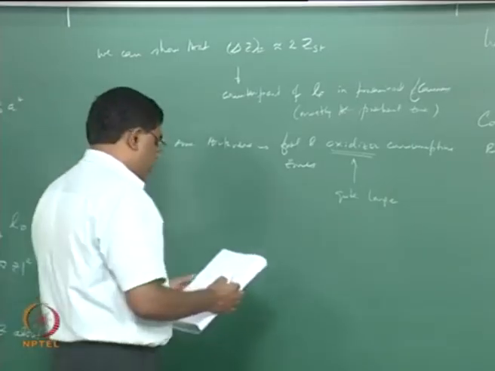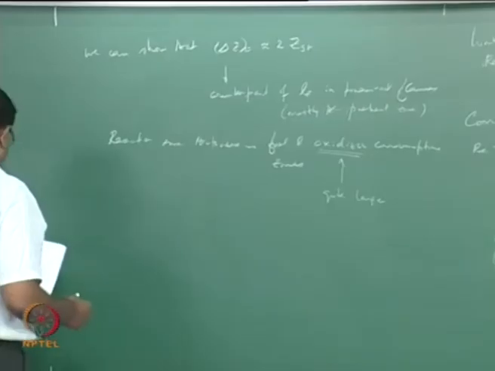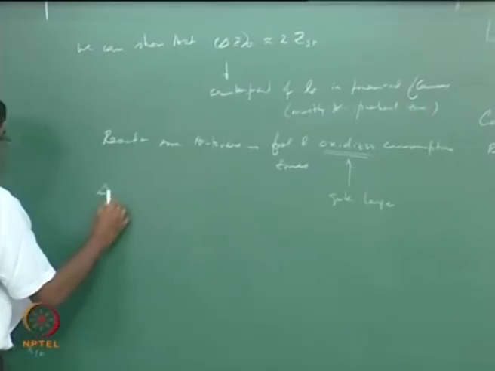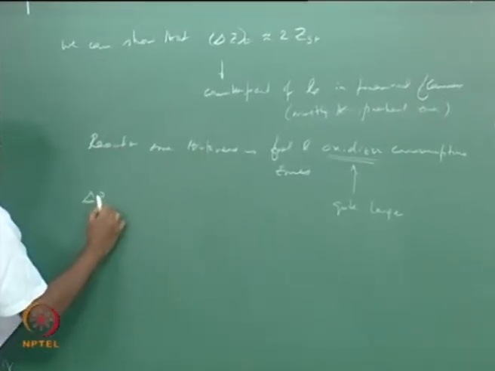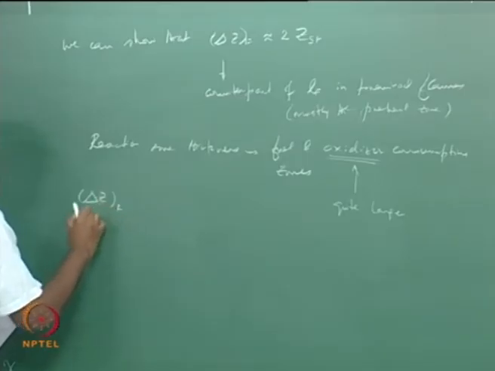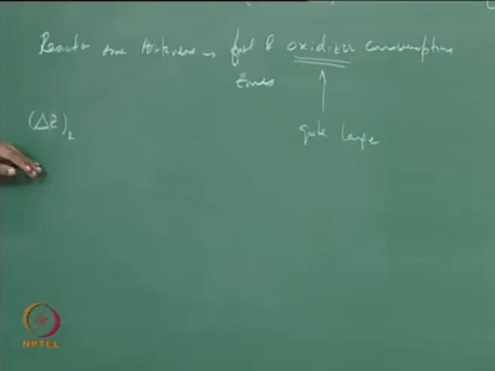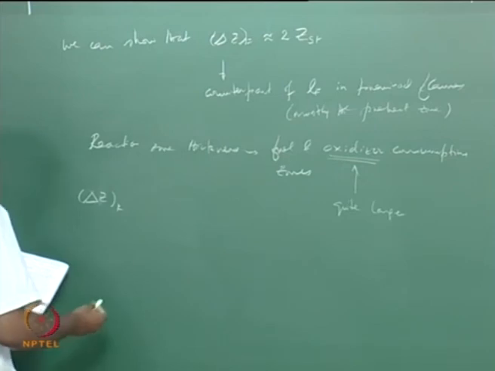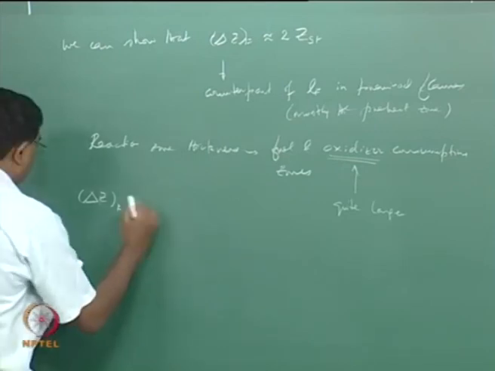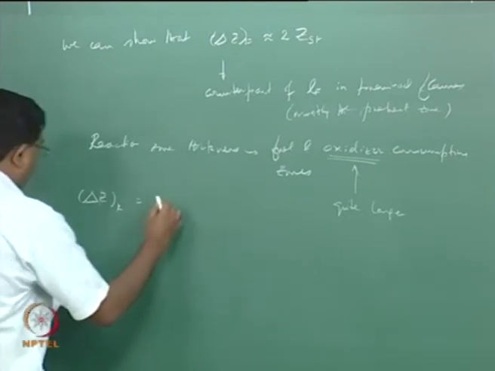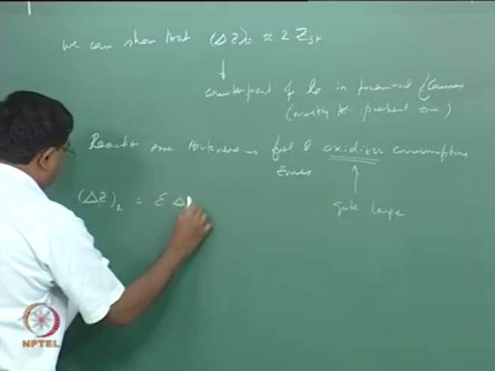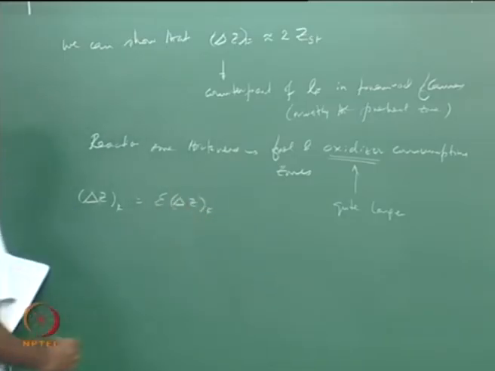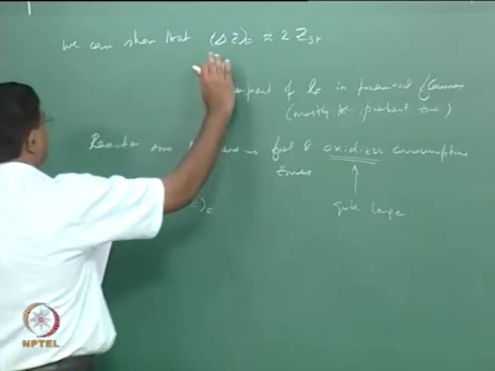Okay, so keep that in mind, and we would like to now call this delta Z R. This is the counterpart of L delta that we had in the preheat zone, in the premix flame, sorry, and we would now like to relate this to epsilon delta Z F. That means it's a fraction of the diffusion thickness.